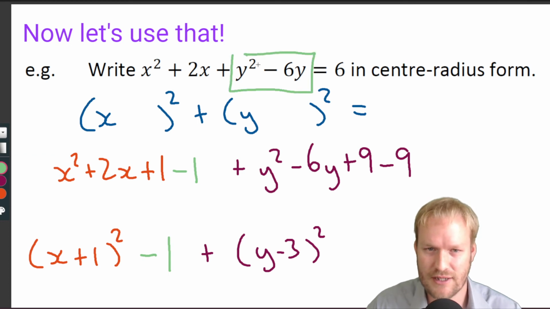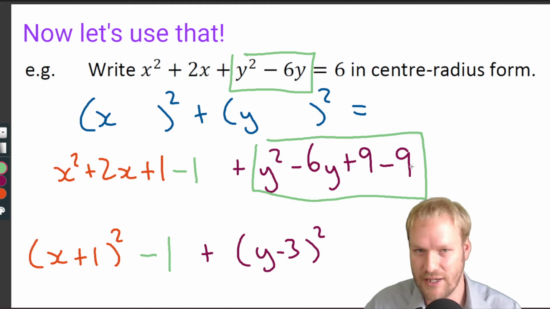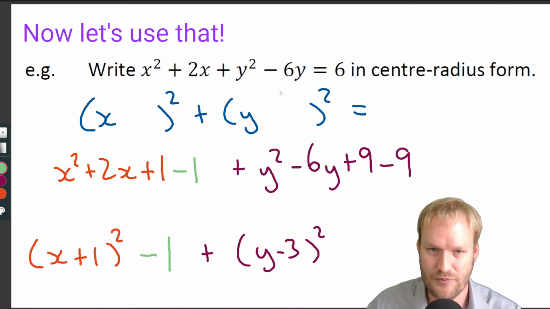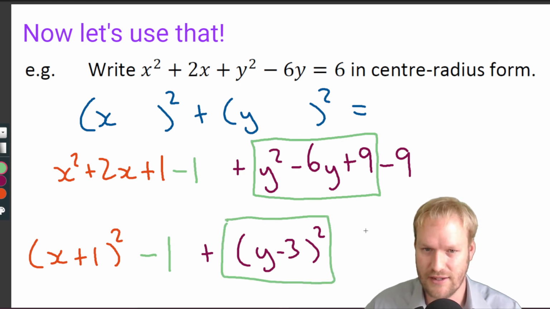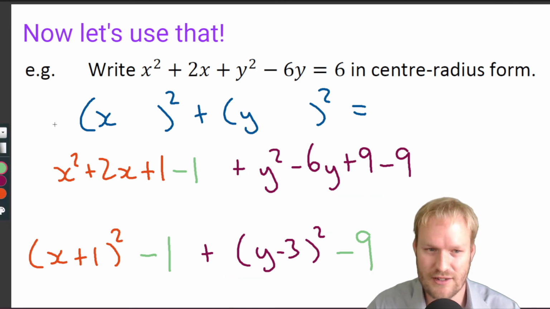Y squared minus 6y is the same as y squared minus 6y plus 9 minus 9. That looks good. But y squared minus 6y plus 9 gives us that thing there. And there's still this minus 9 over here. So we still have to have the minus 9 so that everything is the same. Let's just check that it is the same.